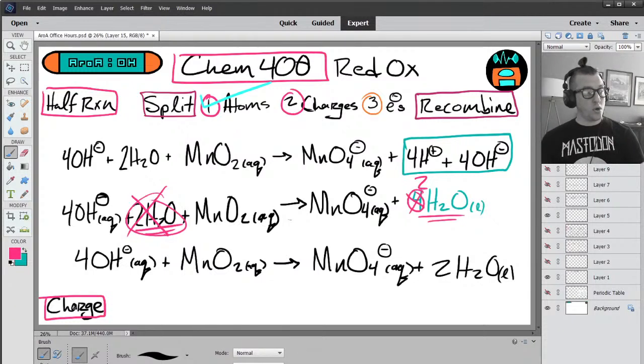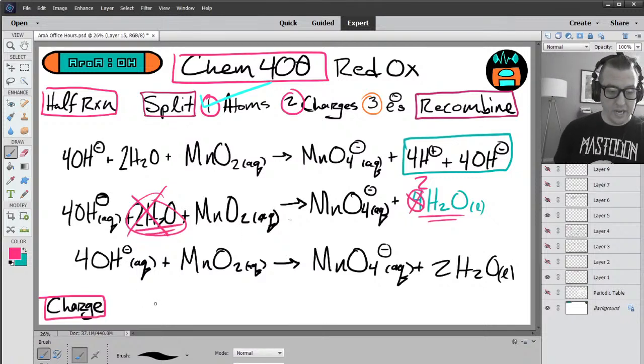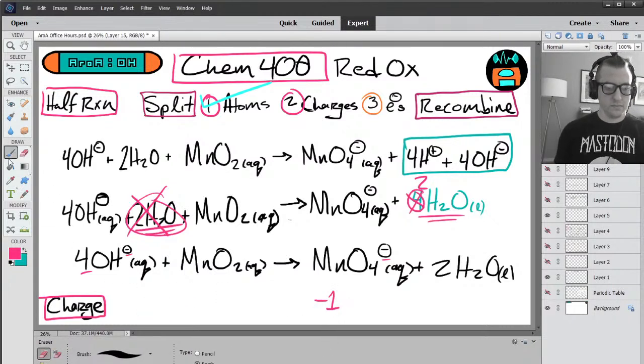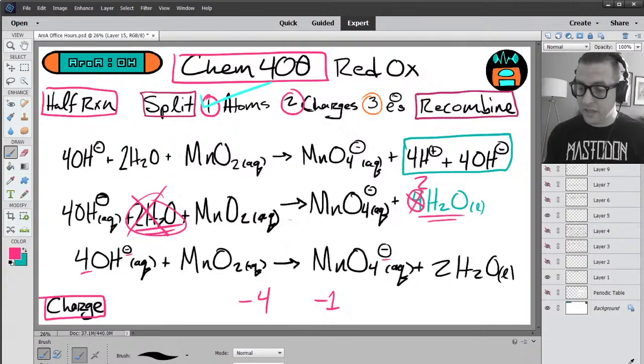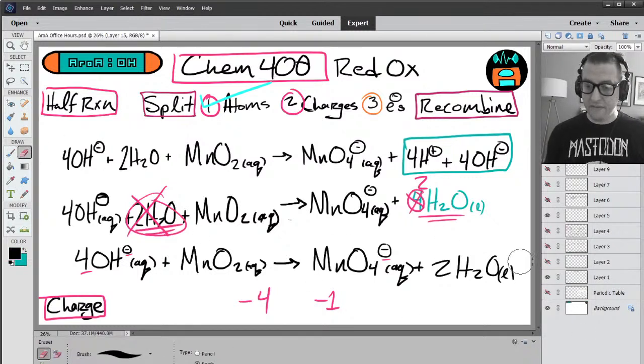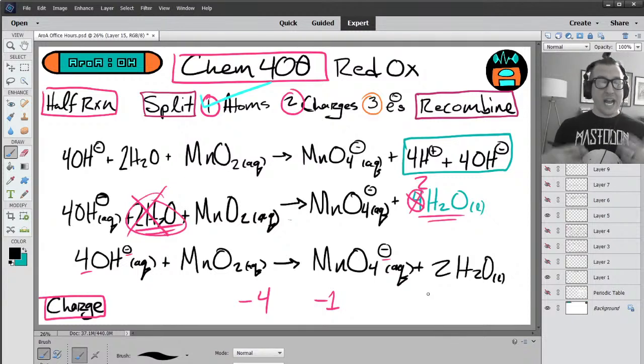When you look at the charges on our reactant side, we have 4 negative ones, right? 4 hydroxides. When you look at the charge on our product side, we only have 1 negative. And we need these 2 to be equal. All right, now the only means that we have to manipulate charges is we can add electrons.